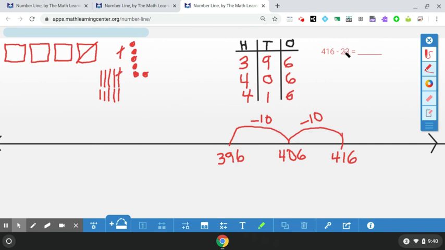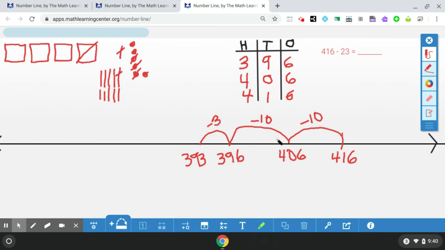Okay, am I all done? Nope, I have 3 more ones to go. And if I'm at 396, I know if I take away just 3 ones, 1, 2, 3, I end up with 393.